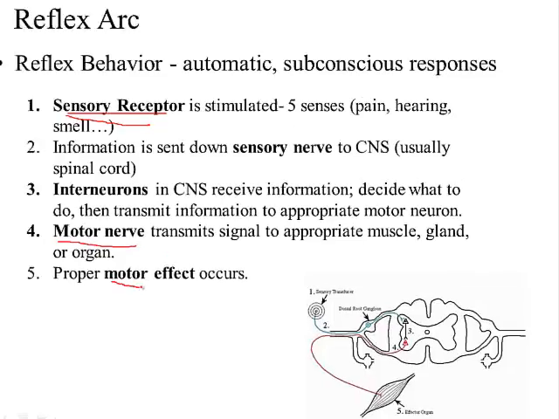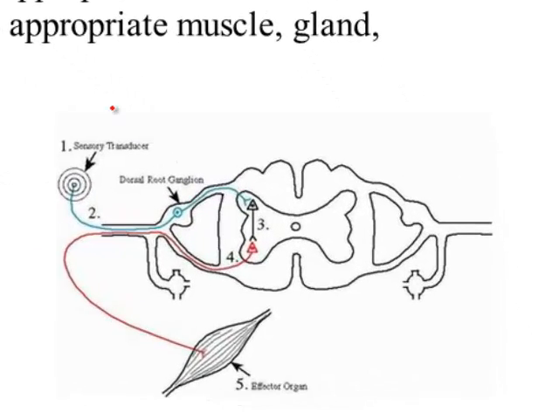And that's the proper motor effect. Okay, so you have your sensory receptor stimulated, it sends a signal down a sensory nerve into the spinal cord. Here's your interneuron in there, and it's going to automatically send that information out to the effector organ, which would be the muscles in your leg, and you will pull your leg back.